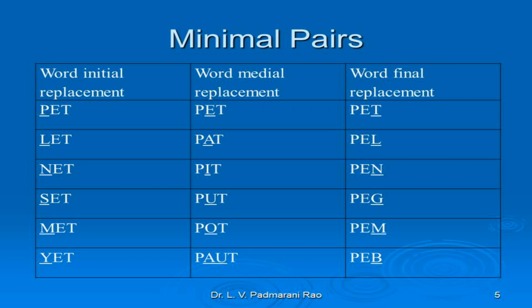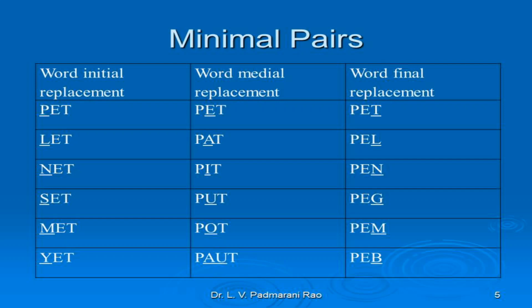If it is replaced with an n sound, it becomes the word net, N-E-T, where the meaning and the word change. If p is replaced with s, it becomes S-E-T, set, which is a different word with a different meaning.